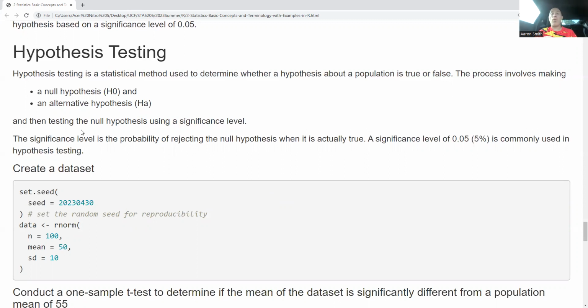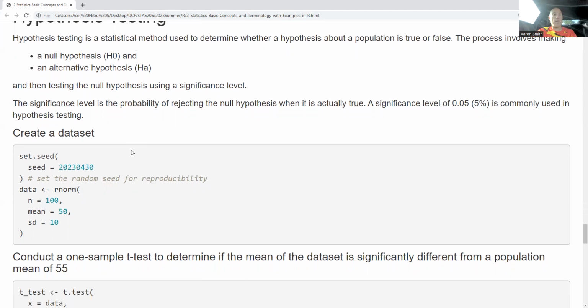Our significance level is our tolerance of a certain type of mistake we can make. We'll talk way more about this. The significance level is the likelihood of rejecting the null hypothesis when it's actually true, and a significance level of 0.05 is commonly used in most situations.